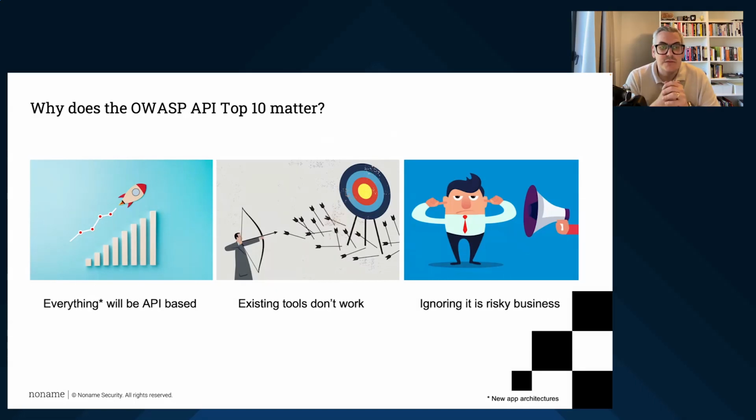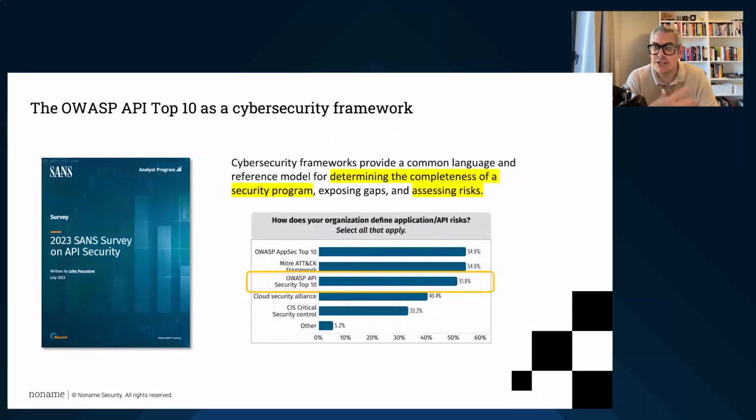Now, if you look at the OWASP API Top 10, you can also interpret it as a cybersecurity framework to some extent. This is from a fairly recent SANS survey on API security, where they asked how do organizations define application risk and API risk, and just over half of them chose to say that OWASP API Security Top 10 is a way for them to classify that risk, and we see that it sort of gets people on the same page to some extent.